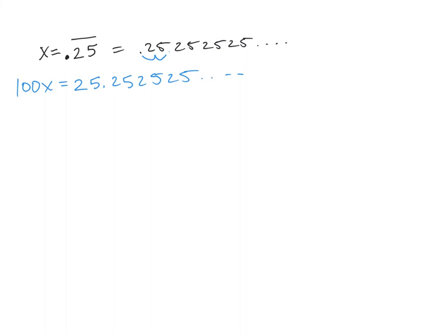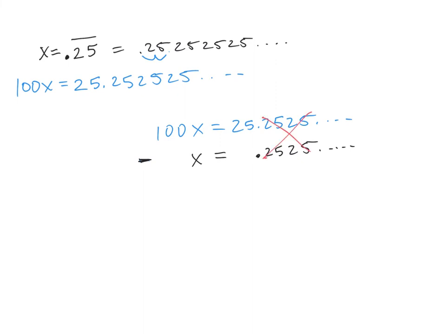Okay, and so now let's get our subtraction. We could go 100x is equal to 25.2525 repeating. And we're subtracting the x, which is equal to 0.2525 repeating. And this 2525 part goes away, and it leaves me with 25 over here, which is what I want, and this leaves me with 99x, right? 100 minus 1 is 99.